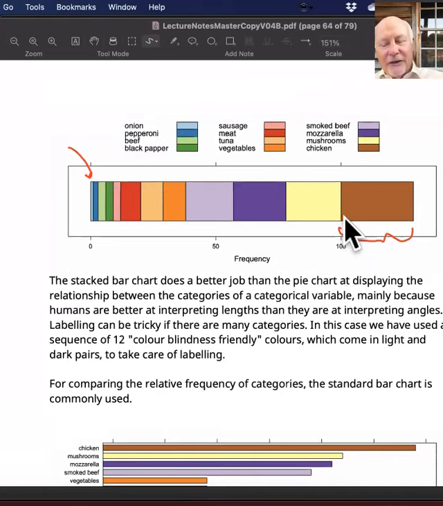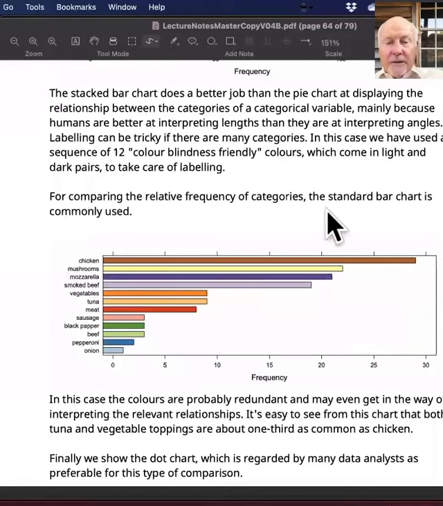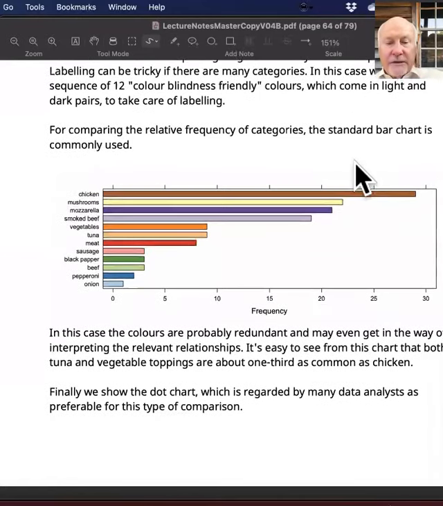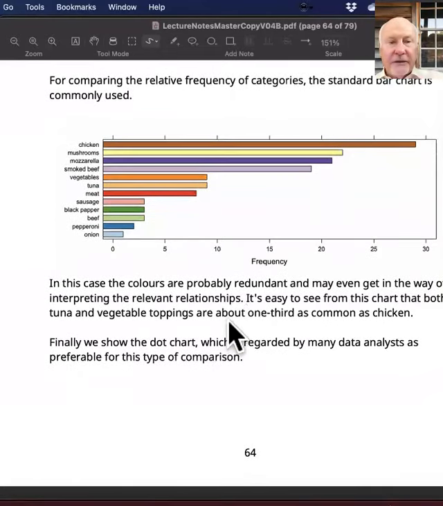This set of colors here is supposed to kind of make sense for, or at least be distinguishable for people with the more common kinds of color blindness, but there are many kinds, most of them fairly rare. So another way of doing this is you just use a standard bar chart.